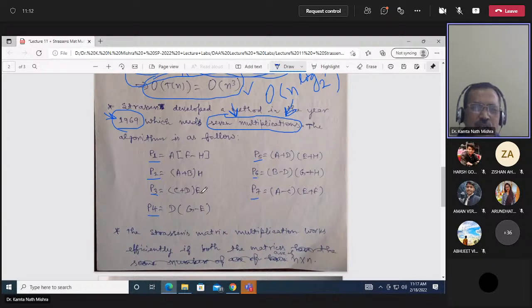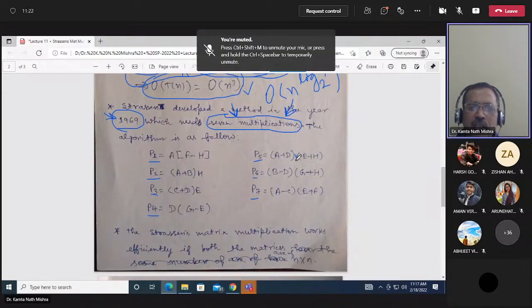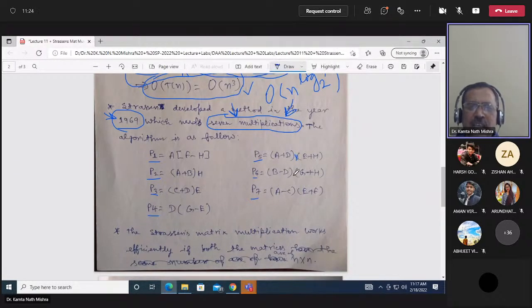(C plus D) whole into E. D into (G minus E). (A plus B) whole into (E plus H). (B minus D) into (G plus H). (A minus C) into (E plus F). So P1 to P7, how many multiplications are there?